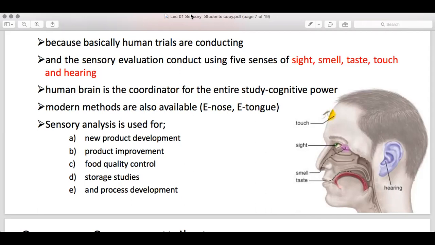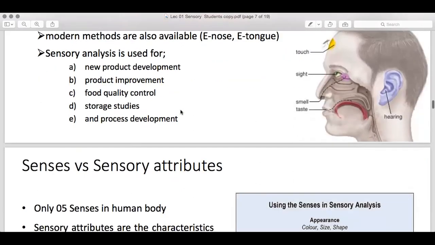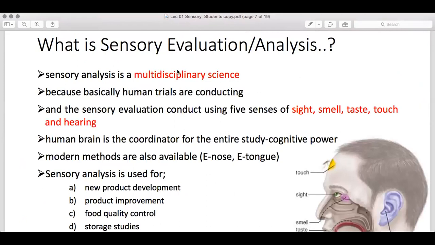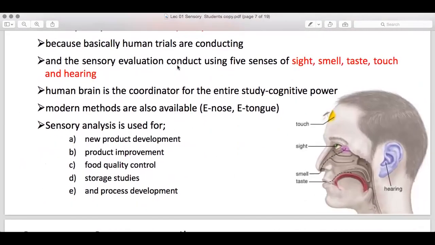Storage studies, we have discussed shelf life and process development. That is also clear. Process development is very important, as we have already discussed. So for that, we can use sensory analysis to analyze whether it is effective or not, whether it is good or not, right? And whether we can apply that new method or not, right?